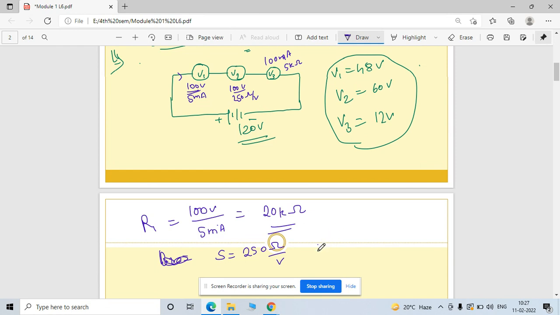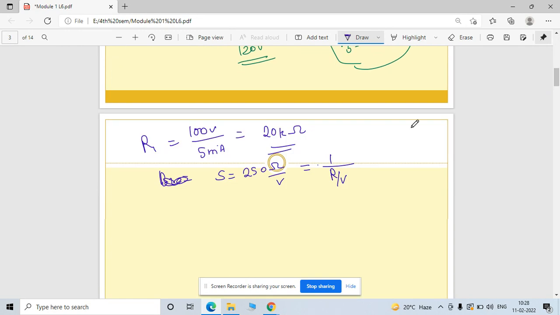Once you divide that voltage, you will get the value of resistance of these two. So this is the sensitivity. What is the formula of sensitivity? 1 upon r, r by v, right? So simple. Do that calculation.